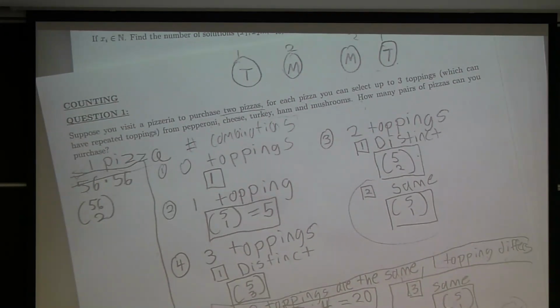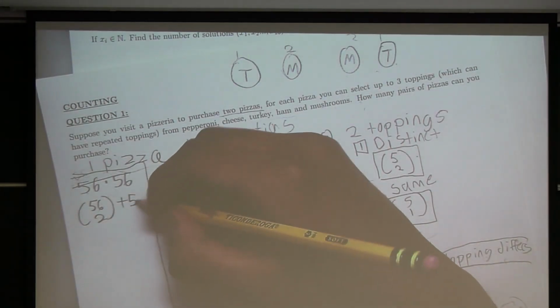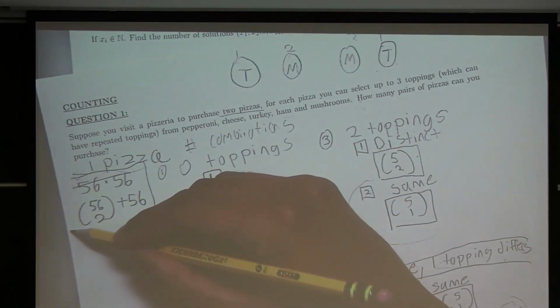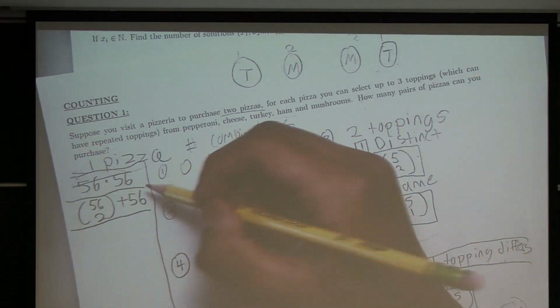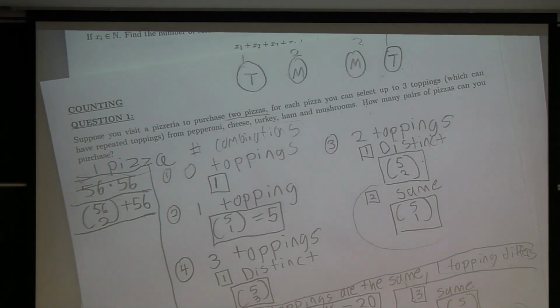In that case, there are 56 possible pizzas, and one of them appears twice. So we just add another 56. So in total, we have 56 choose 2 plus 56 total pairs of pizzas that we can purchase. Does anyone have any questions?